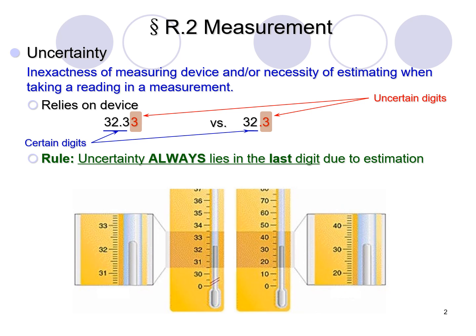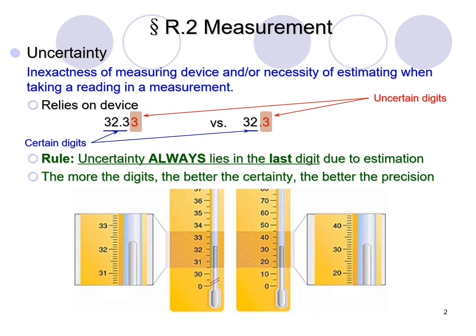So we have certain digits and we have one uncertain digit. The more digits we write down indicates the better certainty that we have, and also the better the precision. So be careful from this moment on when you write down the numbers in your lab report.